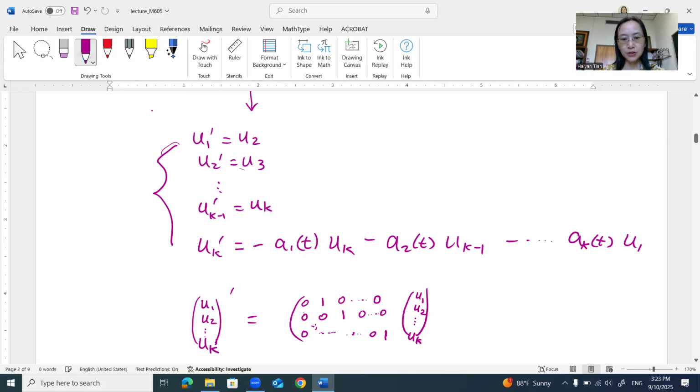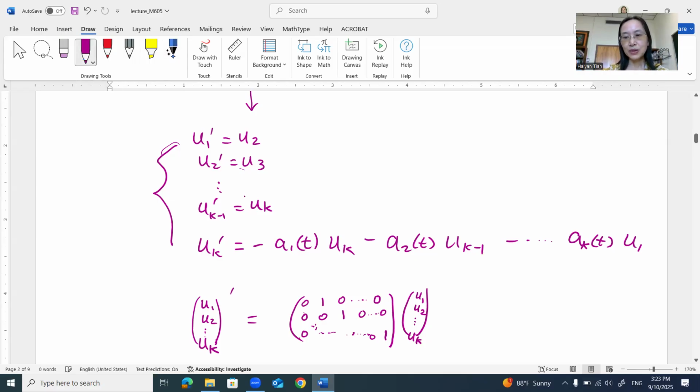The pattern is a diagonal of 1s for this portion. And then you have, again, the last equation.